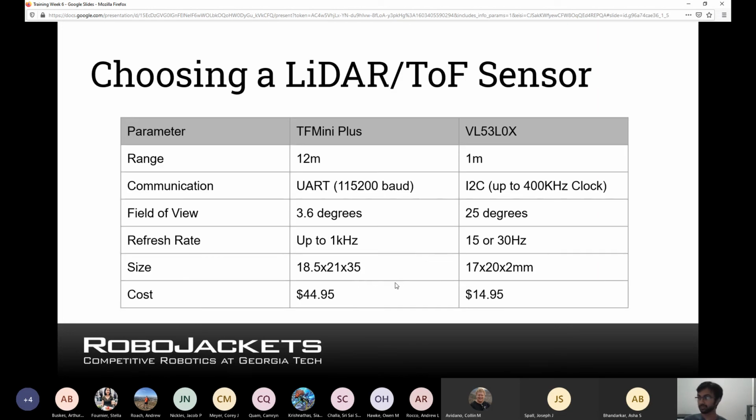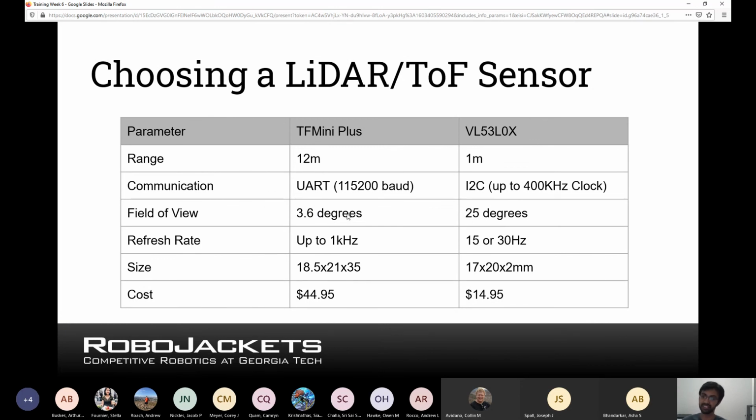So we're going to talk about one particular design decision, which was choosing the time of flight sensor. Our two choices were the TF Mini Plus, which is the current sensor used on the robot, and the VL53L0X, which was used on the previous version. So you can see that there are some particular advantages, such as range, and the field of view being smaller, which is good because these sensors don't detect unless the entire field of view is illuminated.